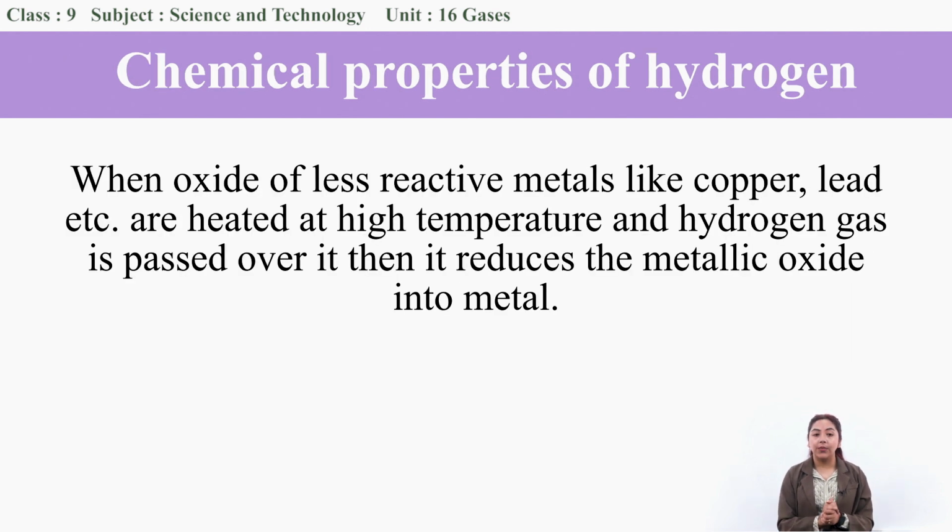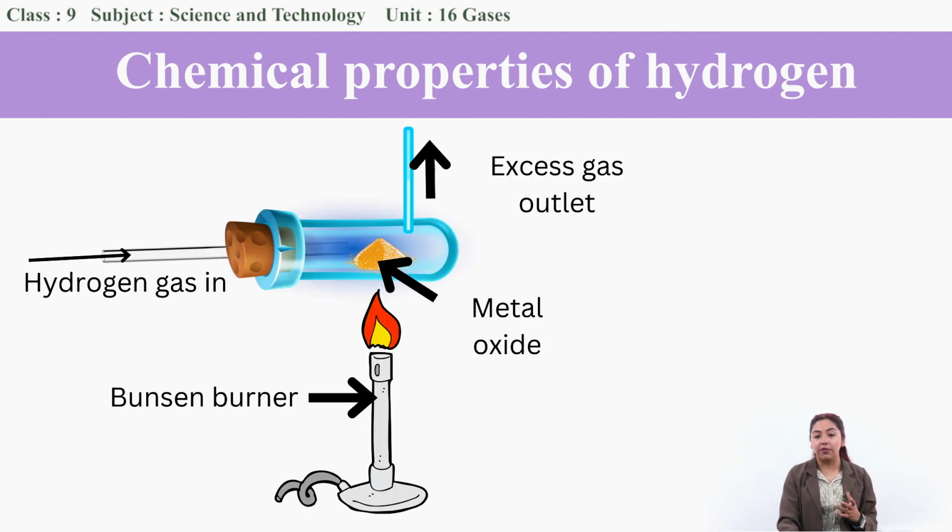Now the other chemical property is when the oxide of less reactive metals like copper oxide or lead oxide are heated at a very high temperature, and when hydrogen gas is passed over it, then the hydrogen gas reduces the metallic oxide into metal. So let us understand this through a figure.